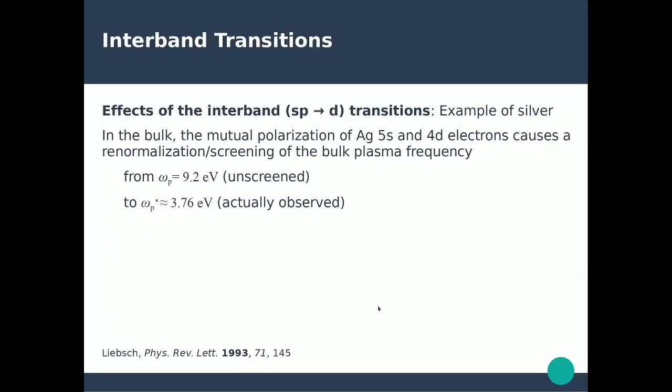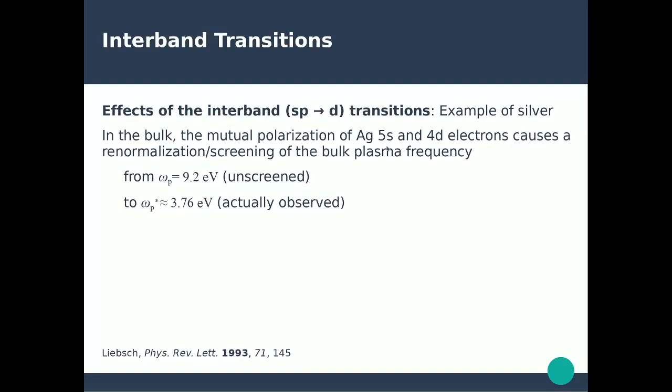So this effect of the interband transitions, basically between the sp to d-band electrons, is very important. We have to account for the electrons that are going from the sp band down to the d-band. If you look at the example of silver in bulk, the mutual polarization of the s electrons and the d electrons causes basically a screening of the bulk plasma frequency.